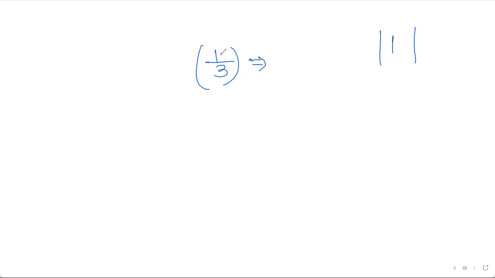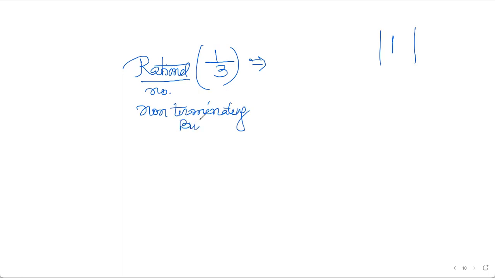But what type of rational? This is a rational number which is non-terminating but repeating.